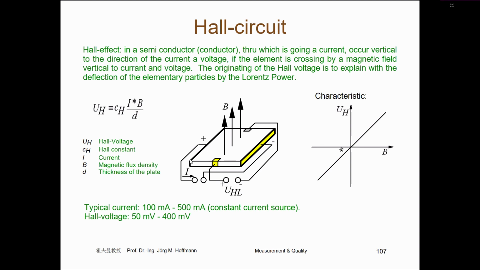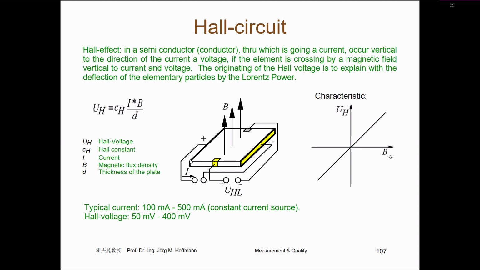The characteristic is that you measure the voltage depending on the magnetic field. That is linear. But when you would like to measure a distance, then B is nonlinear with the distance, so that you get, again, a nonlinear function.